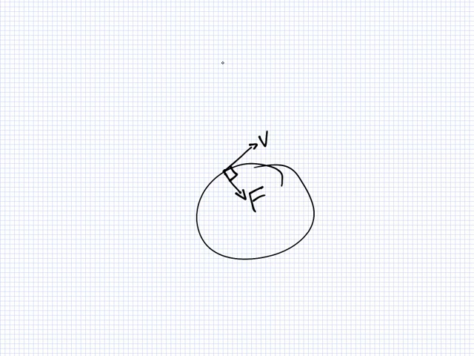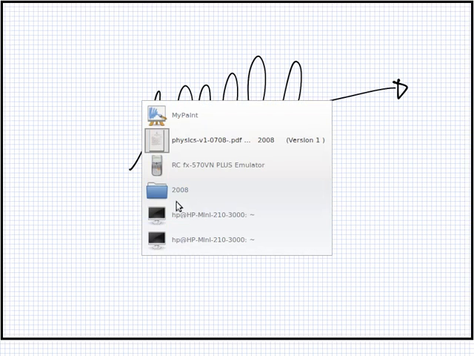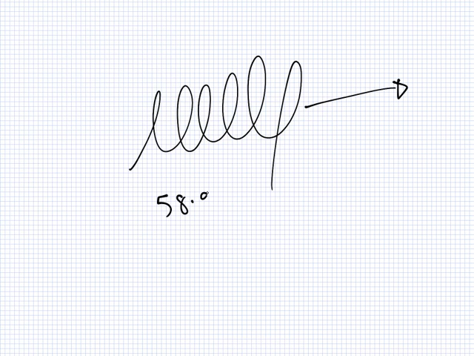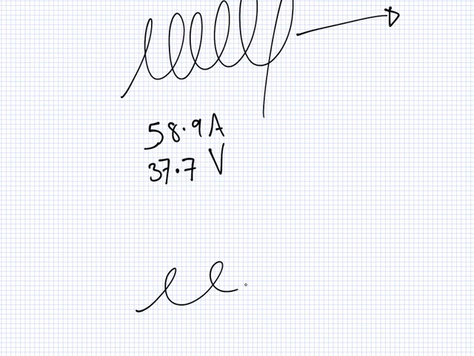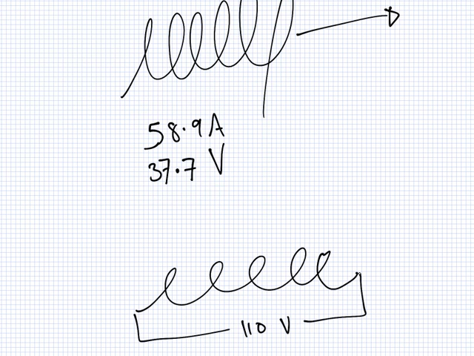So you have your coil, and the magnet comes out, and because of that it causes 58.9 amps, and what did we say the voltage was? 37.7. Now what they do is they replace this with a voltage of 110 volts, and they want to know why the current decreases.